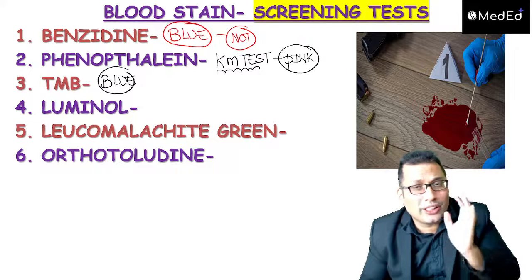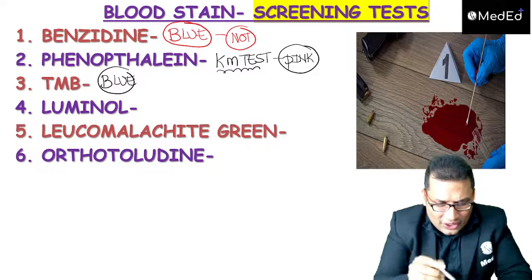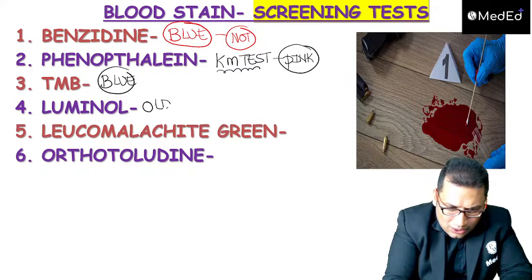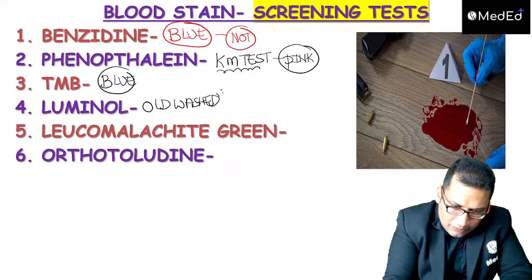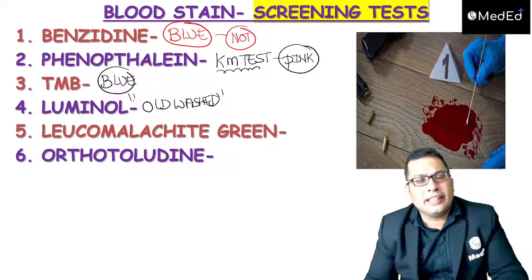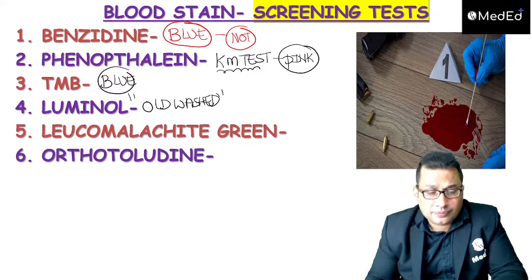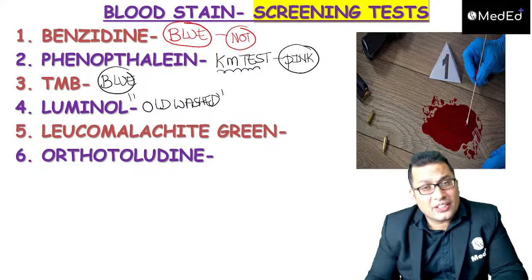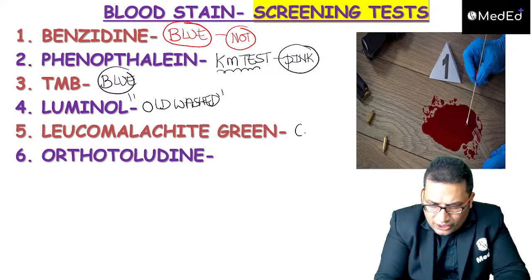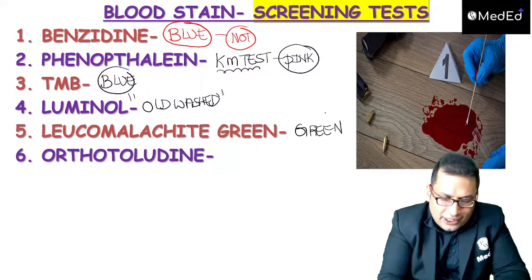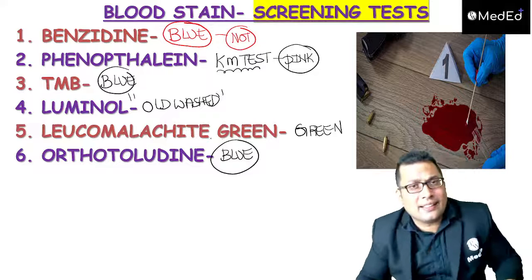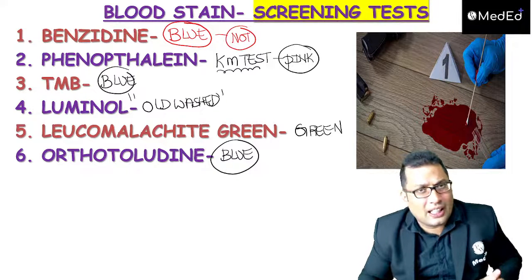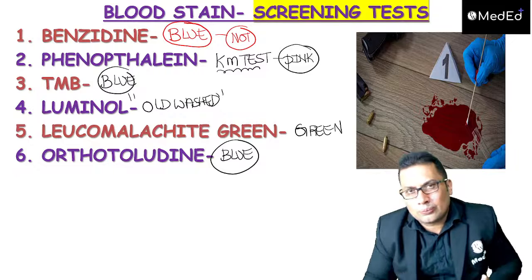It can be used even in old washed blood stain, like in the Nirbhaya case. Then leucomalachite green test, the reagent that gives rise to green color. Orthotoluidine test gives rise to blue color. So all the tests are screening tests. Sensitivity is very high, specificity is very low.